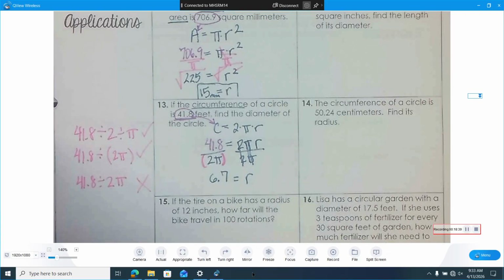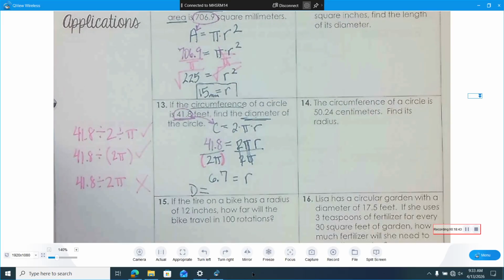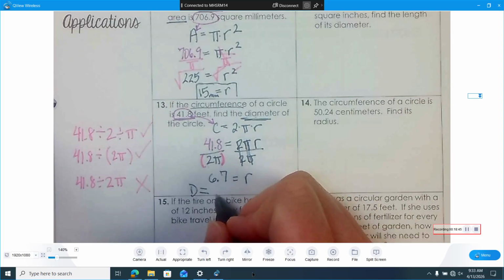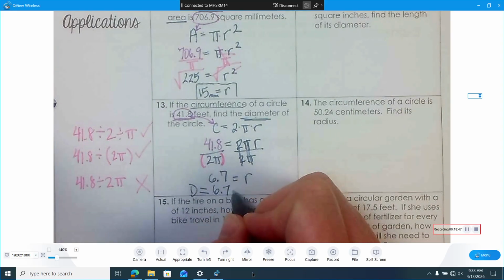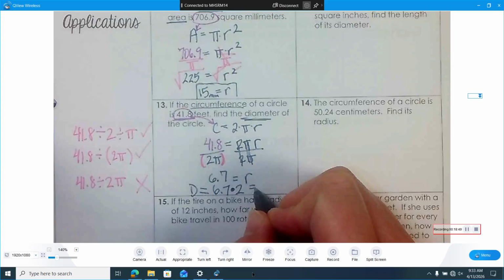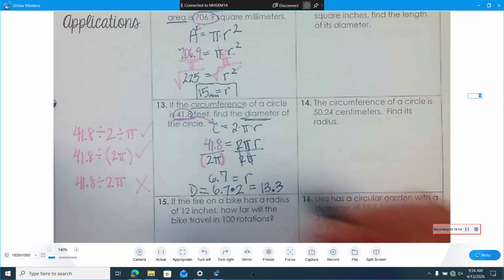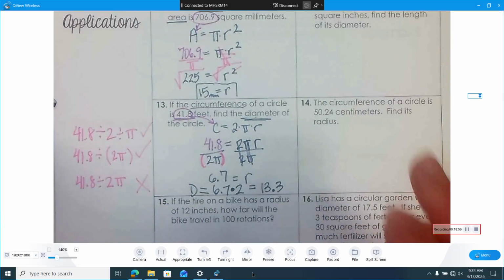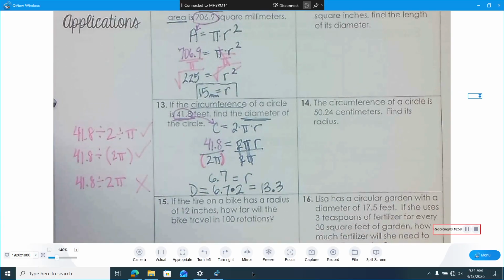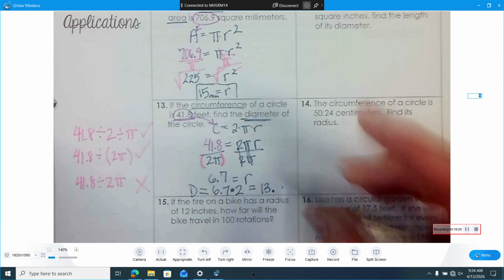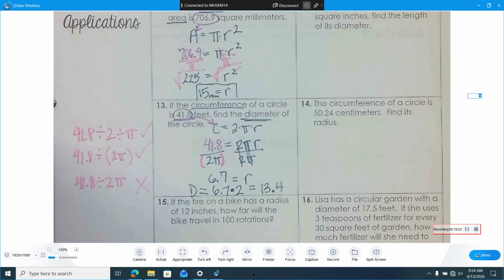What's the diameter? Because we want to know the diameter. Yeah, so 6.7 times 2, and we get 13.3-ish, 13.4 if you double that.